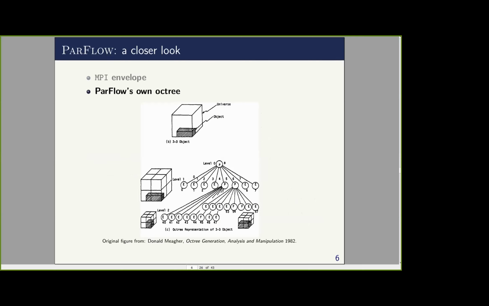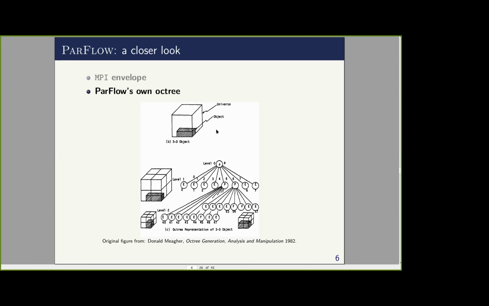The second point where I had to take a closer look is that Parflow has its own octree structure internally, which is used to loop efficiently among subdomains having different physical properties.